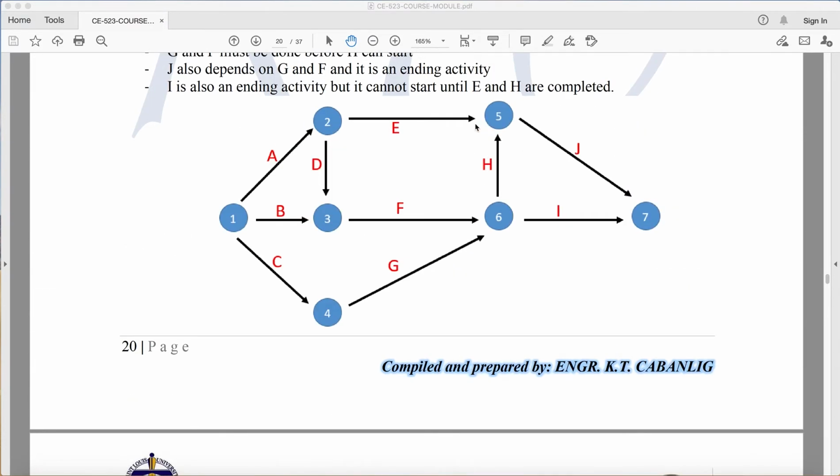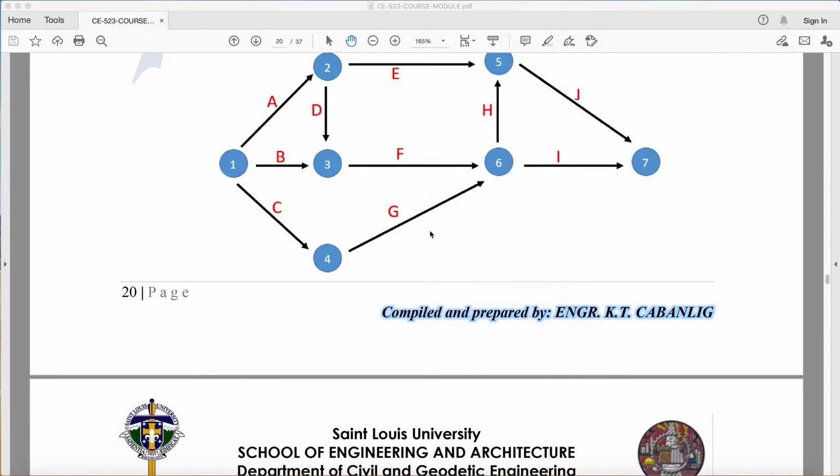Imagine, supposedly, if I started on the early start, which is the 1st day, I'll be finishing it on the 8th day. So, that is the early finish. But if I started it on the 3rd day, that is the late start, I will also be finishing it on the 10th day, which is the late finish. Okay?